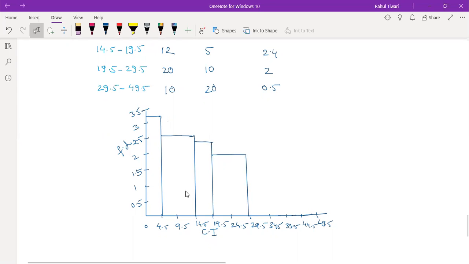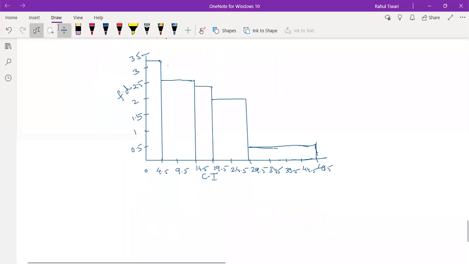So it will move to 0.5. So my graph is like this.